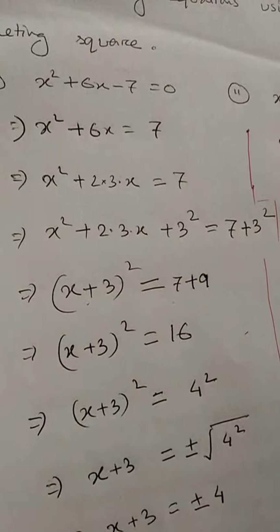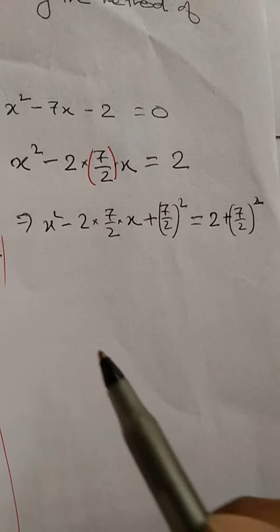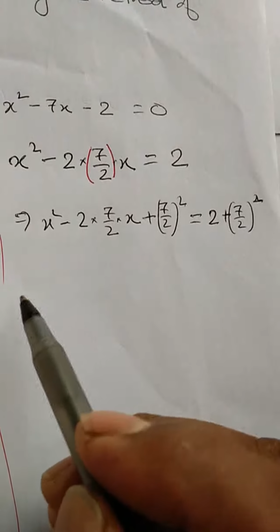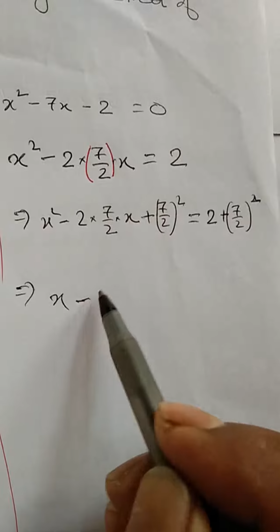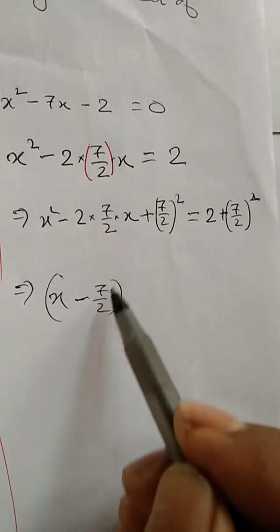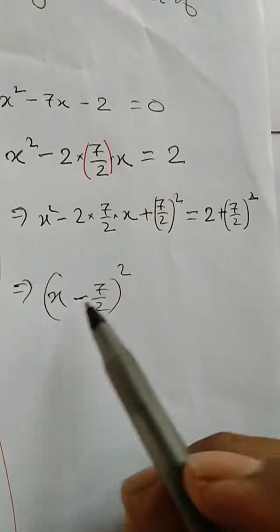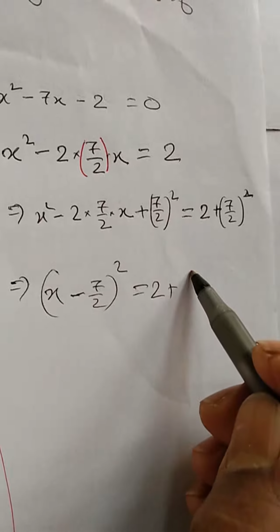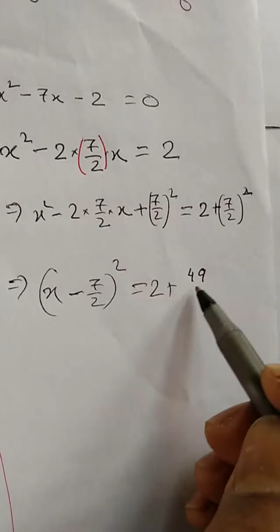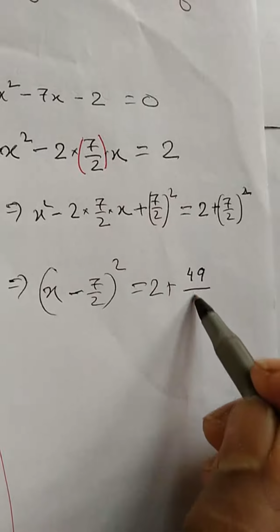So then next also the same. This will also be (x minus 7/2)², because this is minus, and on the right side 2 plus 7 square is 49 by 4.